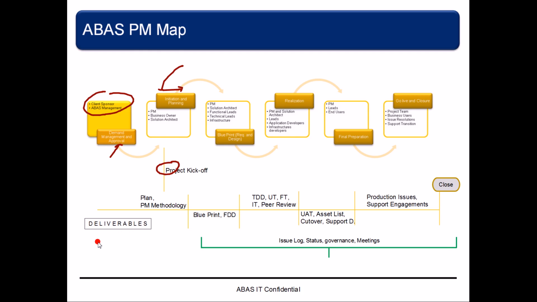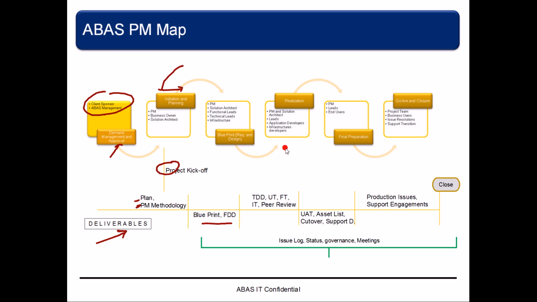And these are the deliverables, the documentation that we'll do over the life of the project. The first one is the PM plan and the PM methodology, how we're going to execute it. Then on blueprint and design, we're going to have the blueprint and functional design documents. I'll address the functional design documents more in the execution session.